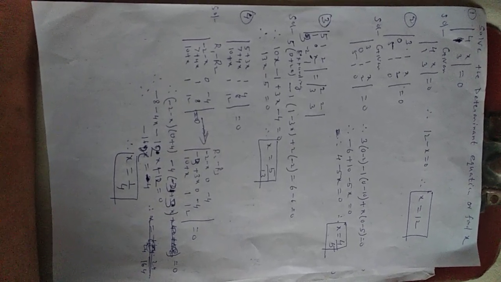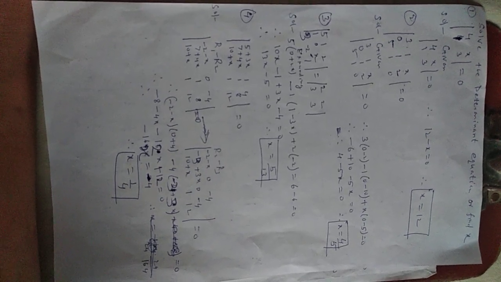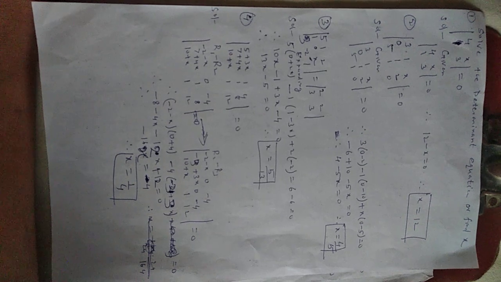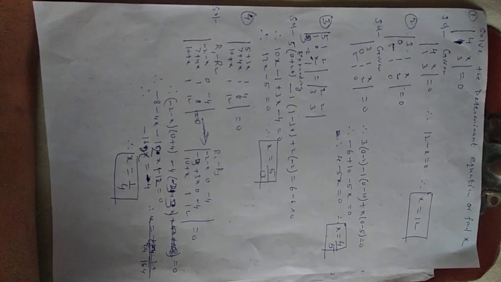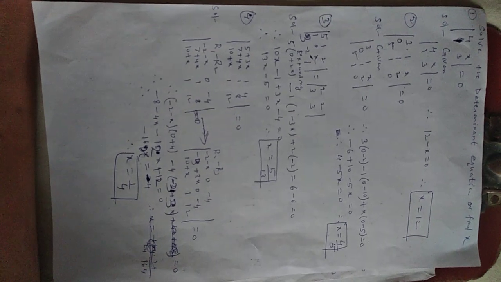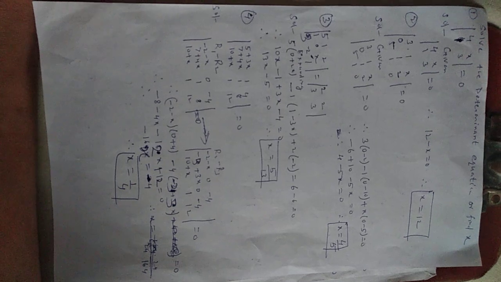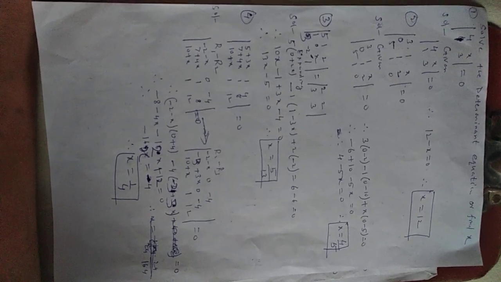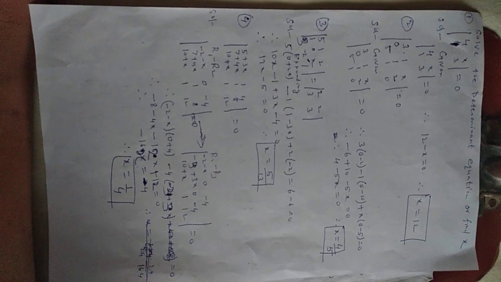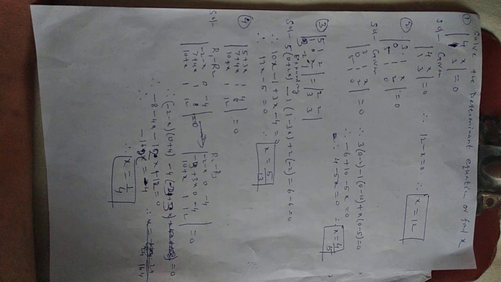R stands for row, 1 stands for first row, R2 second row, like this. R1 minus R2, that will give like this. Then R2 minus R3, that will give like this. So we make the example simple by using these properties, and we can find the answer very easily. So finally we will get the answer as x is equal to 1 by 4.